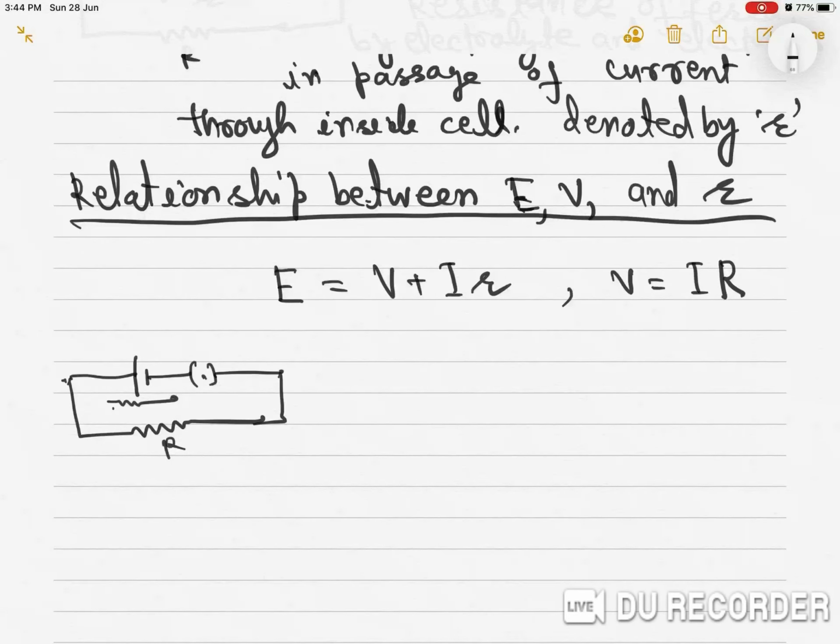When no current is drawn, means plug is not inserted in the key, at that time the potential difference between electrodes is E. When it is connected, then V will be I R, means current multiplied by external resistor R. So, in place of V we can write I R, and we can take I common.